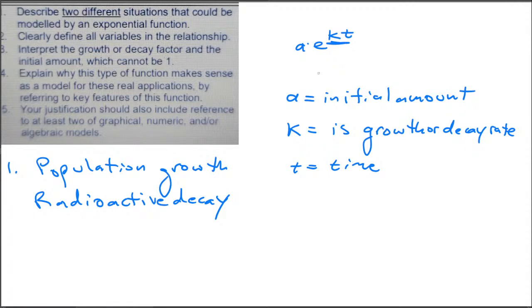To fit this, you need data, like you need to know about the half-life or whatever, or the growth rate. I have no idea what they're asking for. It should also include reference to at least 2 graphical, numerical, and/or algebraic models. Sorry, this question is just not very good. It's kind of ill posed. I'm sure somebody else could do a better job at this.